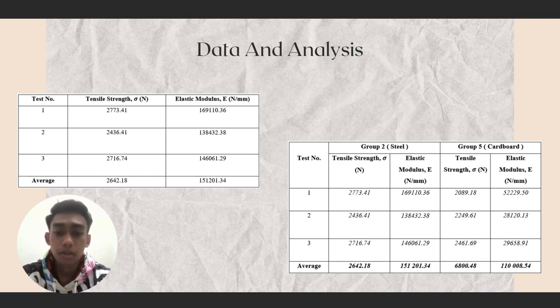The other group 5 was only able to acquire an elastic modulus of 110,008.54 Newton per meter, whereas our group was able to obtain an elastic modulus of 151,201.34 Newton per millimeter.